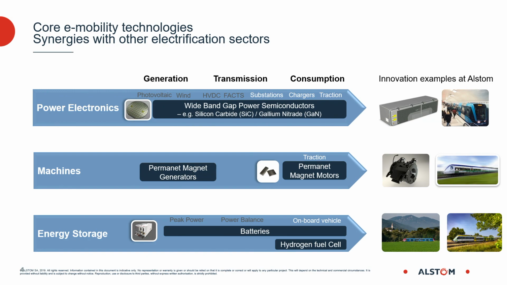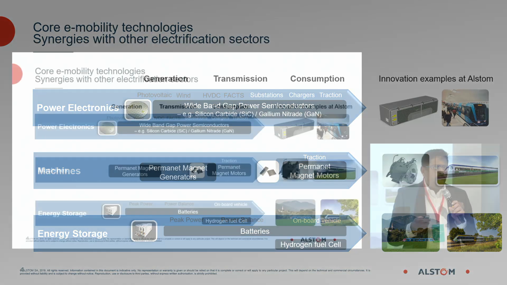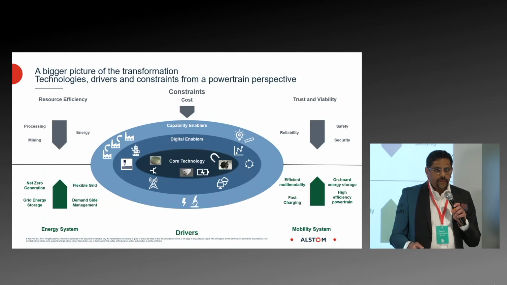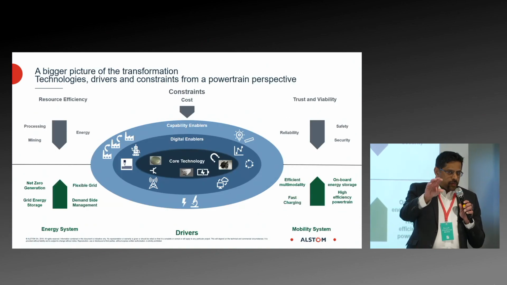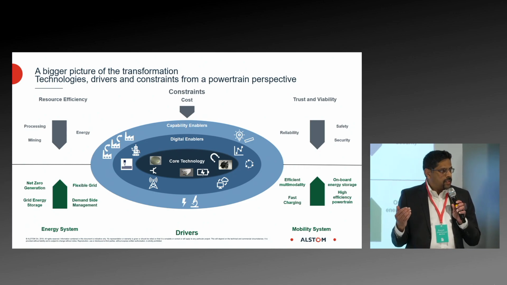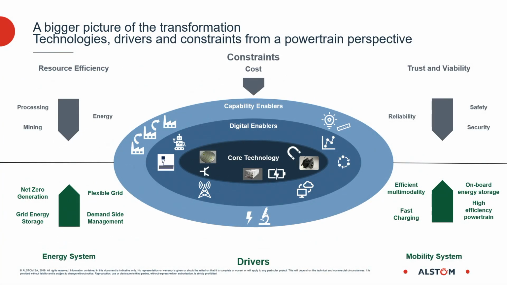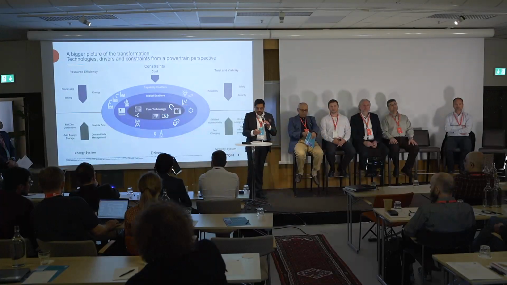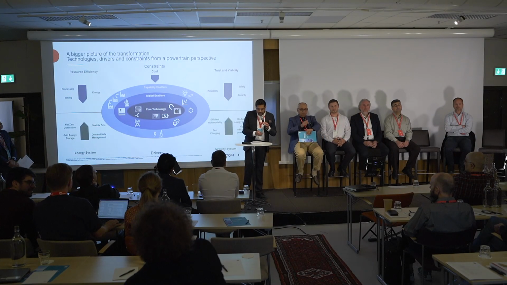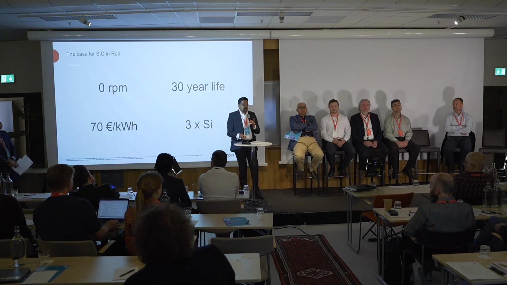And again, with the cross-sectorial impact, I think we have a lot of benefits to look forward to from that kind of collaboration as well. It's going to be the core technologies that we're talking about, but it's also got to do with enablers like digitalization, capabilities that we were talking about before with automation and things like that. And then, of course, there are constraints and drivers that we need to consider in all of this. I'm not going to go into the details there, but I think it'll be part of the discussion later on. So, the numbers.